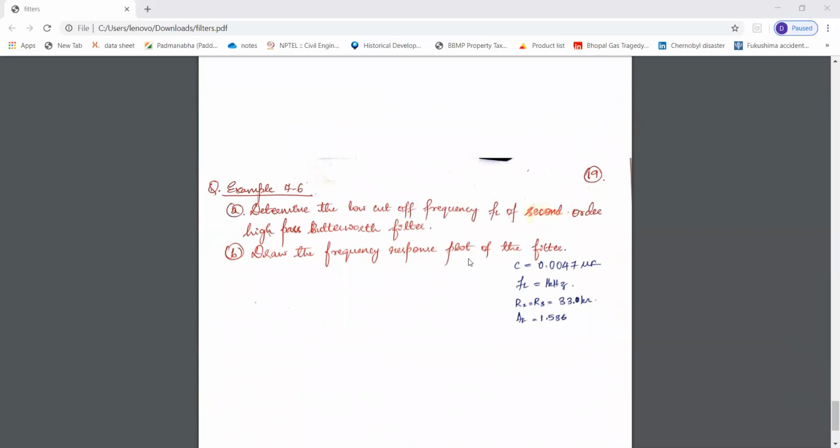As we solved for the other filters, the same method is supposed to be followed by you, and try solving it. If you have any doubts, please do ask me, I'll clear it within a short period of time. And after solving, make sure that you get values for C, FL, and R, and F as so much.